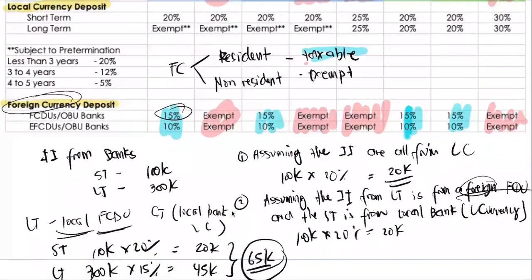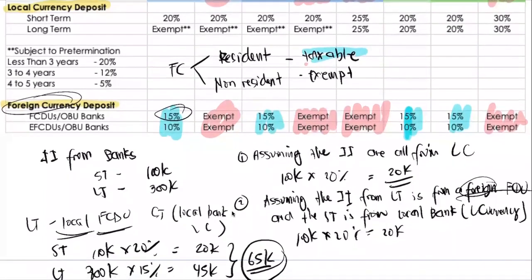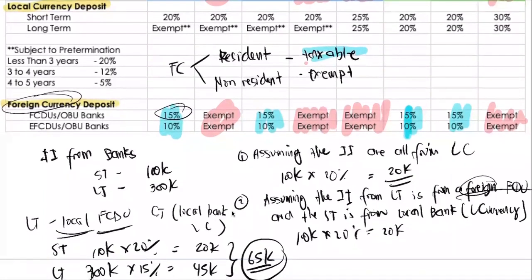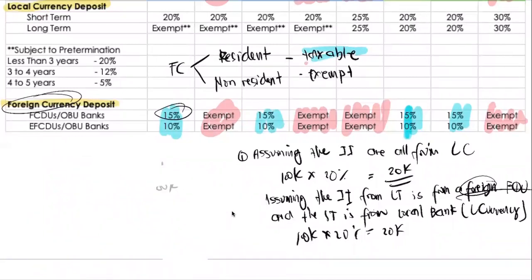Okay, next. Sir, how about if ever we have a joint account? What if there is a joint account? If that joint account is owned by both resident citizen and non-resident citizen, and it is a local currency, no problem.